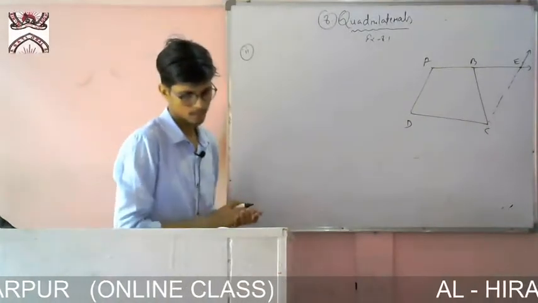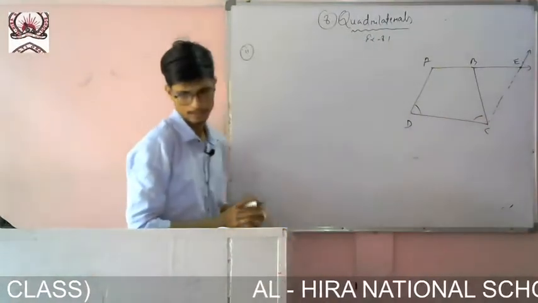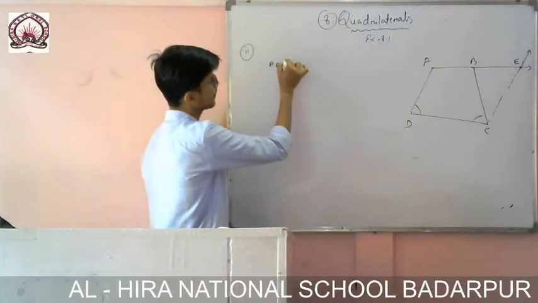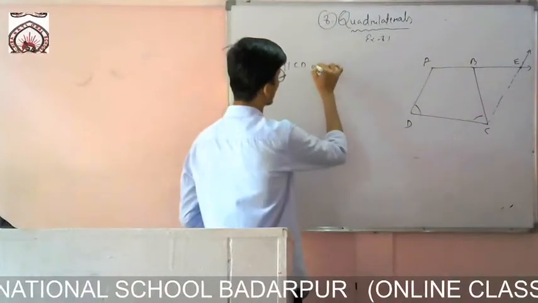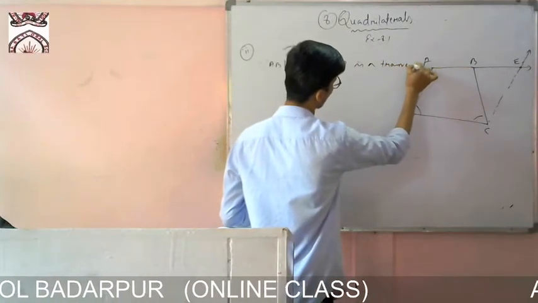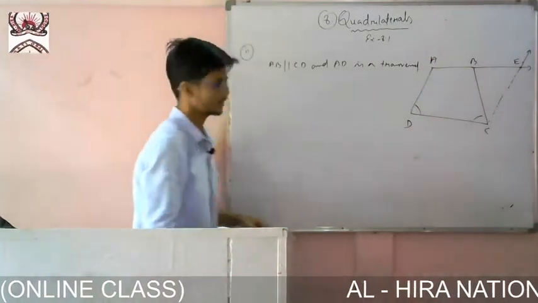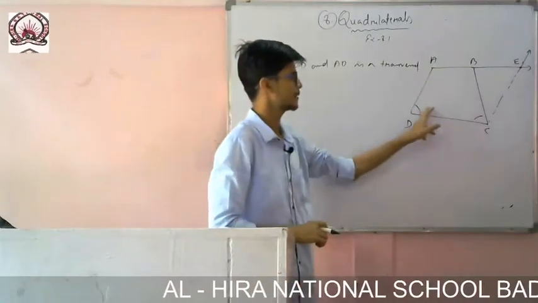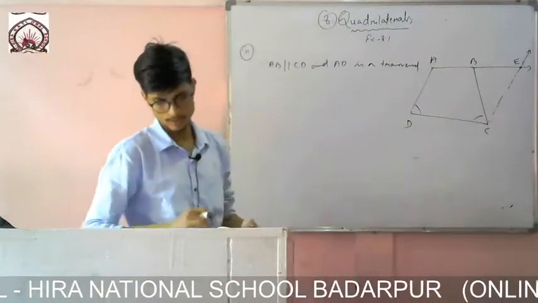So this is the figure. Now Roman number 2, you have to show that angle C is equal to angle D. Here it is given, since AB is parallel to CD, and AD is a transversal, then these two angles are co-interior angles, and if you add them it will be equal to 180.